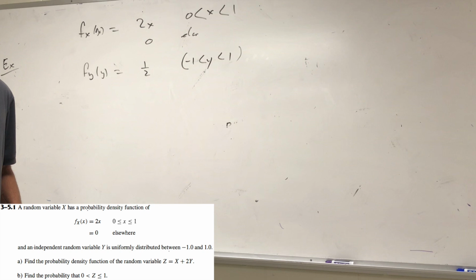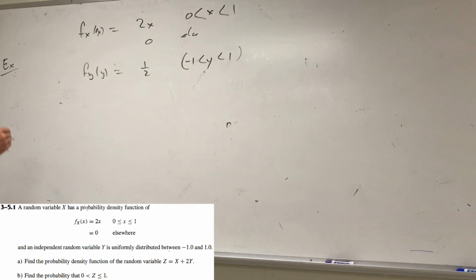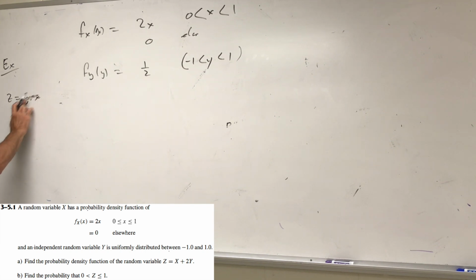With me? Now, these variables, and I assume they have z equal to y plus x. They have z equals x plus 2y. Before I do that one, because there are too many complications, I'm just going to say z is equal to x plus y.